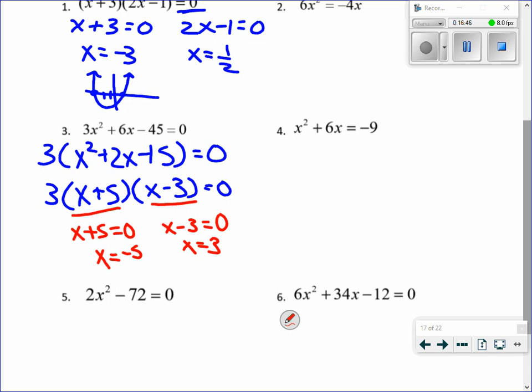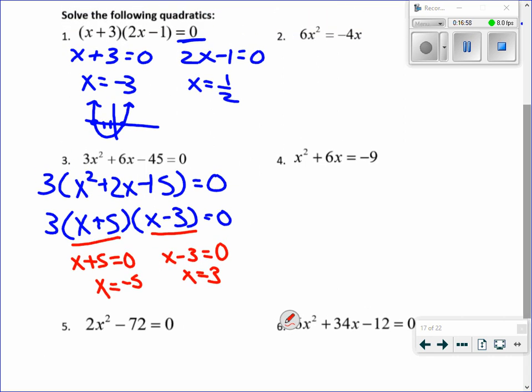So, good question. Let's talk about when having that GCF would matter. So let's look at number 2. What do you notice first about number 2 compared to 1 and 3? 1 and 3 were equal to what? 0. What is 2 not equal to?